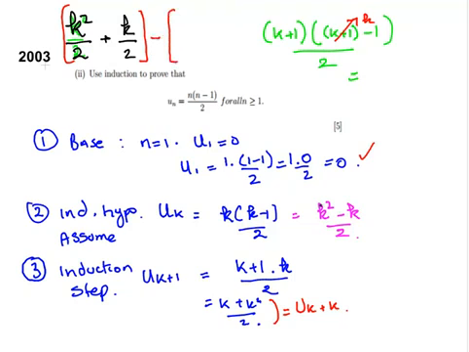Minus this: k squared over 2 minus k over 2. Now this part minus that part cancels out. So we're left with k over 2 minus negative k over 2, that's 2k over 2, which is just equal to k.